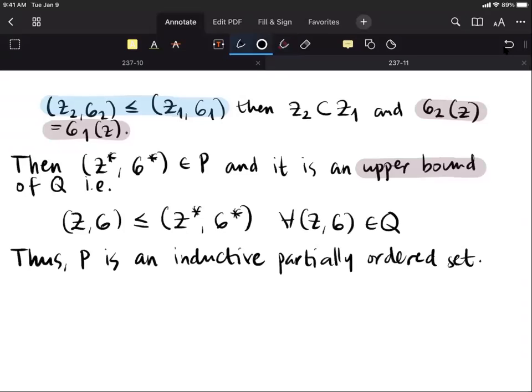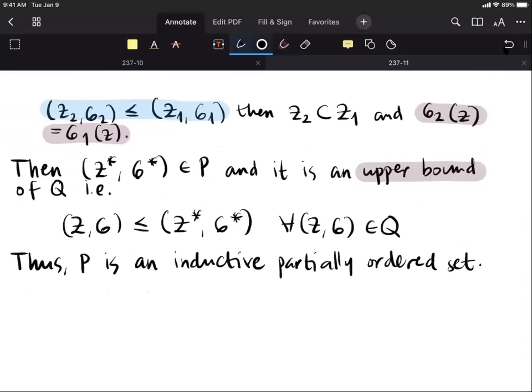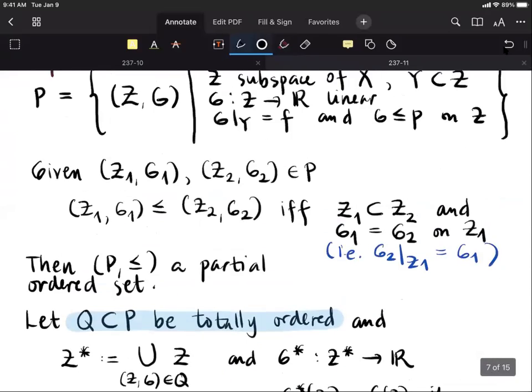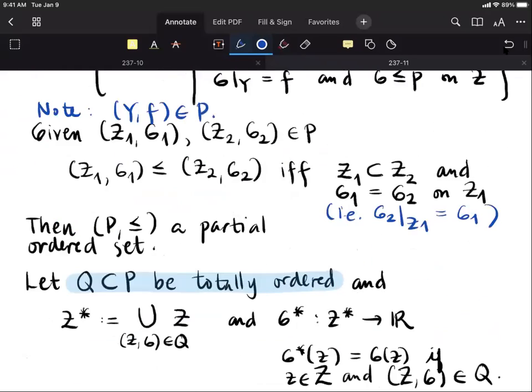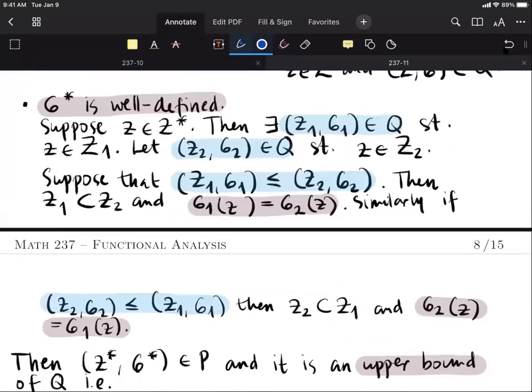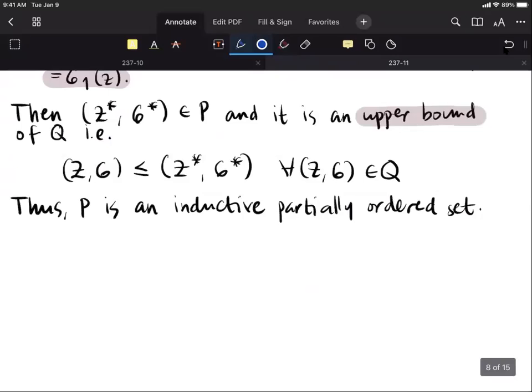It is clearly non-empty since you can take, let's say, Y. So let's note that Y and F is an element of P. So it's a non-empty inductive partially ordered set.